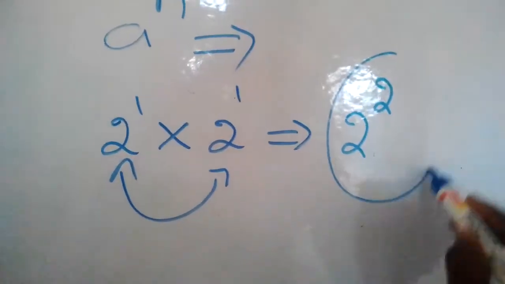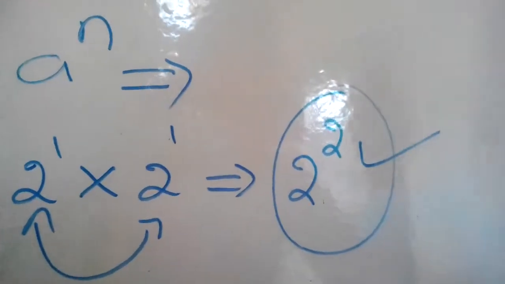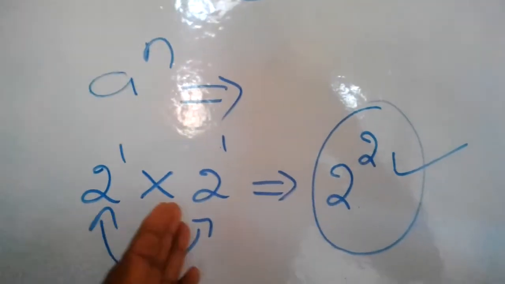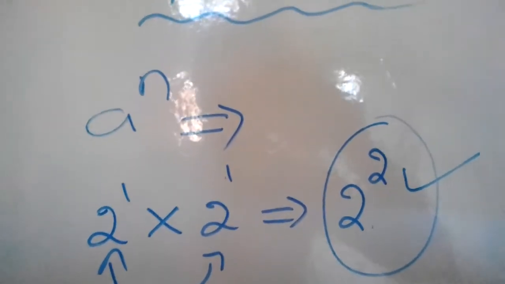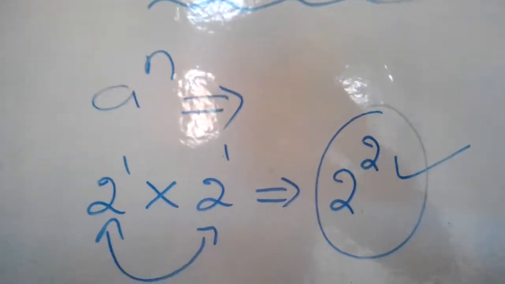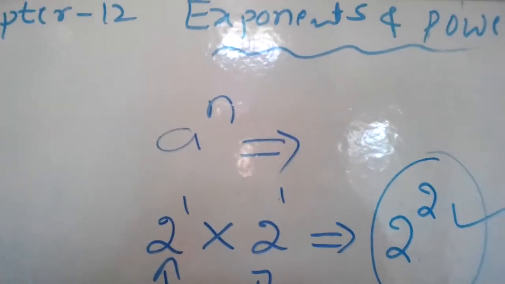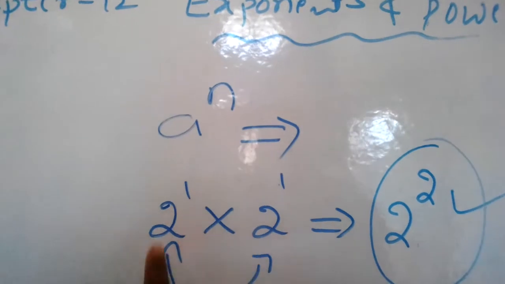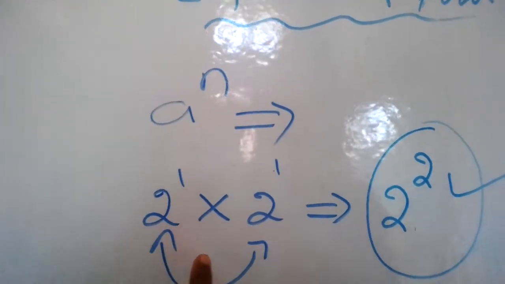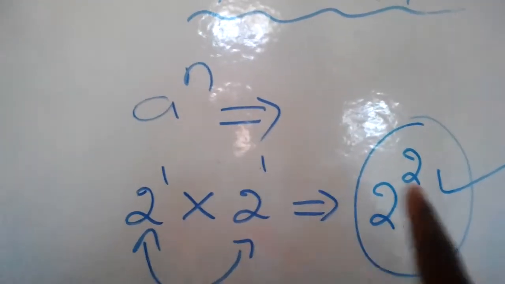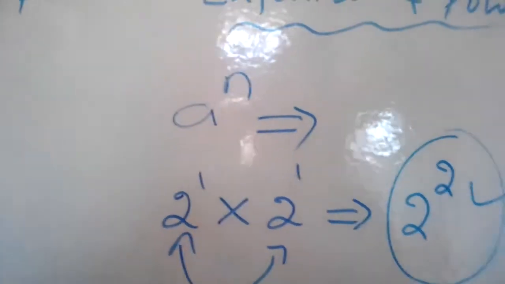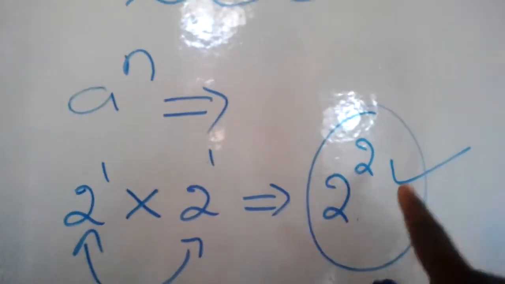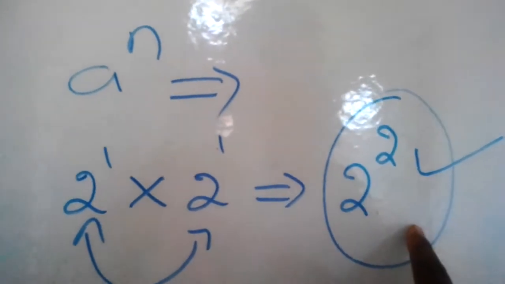This mathematical representation of how many times the number is multiplied is called an exponent. Clear? So exponents are nothing but a mathematical notation used to represent how many times a number is multiplied by itself, not by another number. The number multiplies itself only, then that short form is called an exponent.